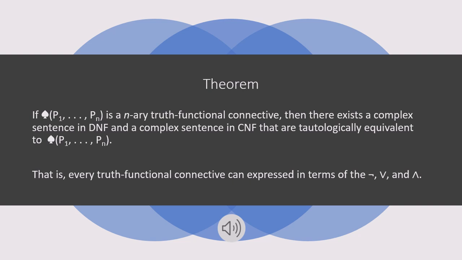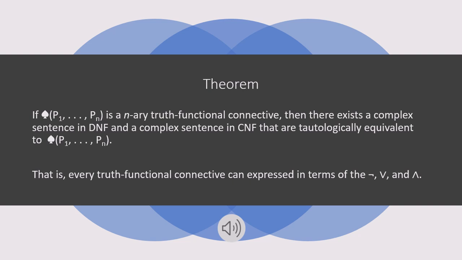So the main reason for presenting these algorithms was not necessarily to find a sentence in DNF form or CNF form, but instead to prove the following theorem. We won't give a proof because the proof is essentially the two algorithms that I mentioned before. But let's walk through the statement of it.